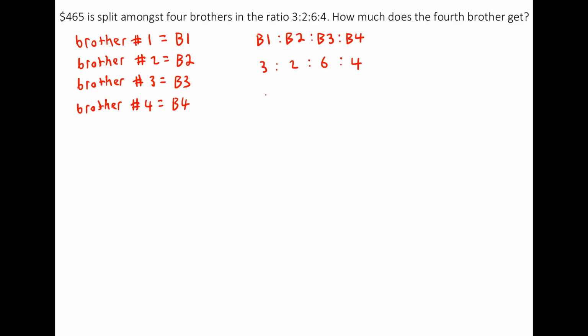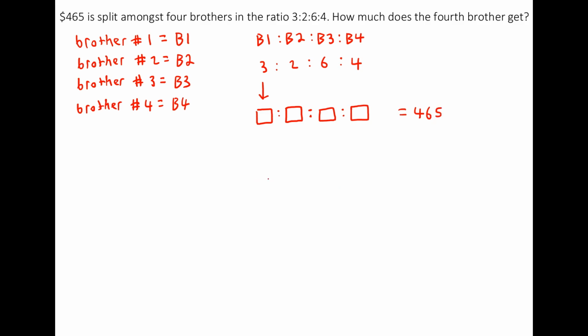And what I want to do is multiply each of these numbers by the same number such that I can get 4 new unknowns. Okay? 4 new unknowns. And these 4 unknowns, if I add them together, they simply are going to equal 465.